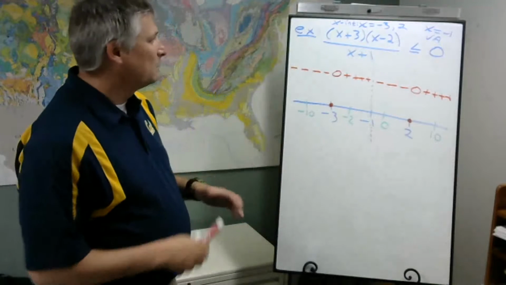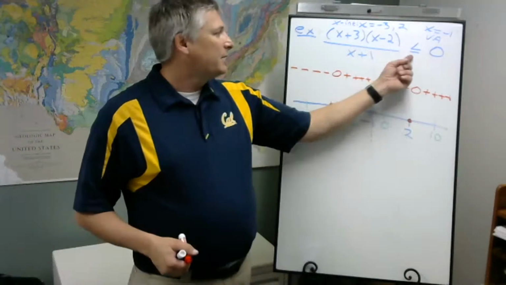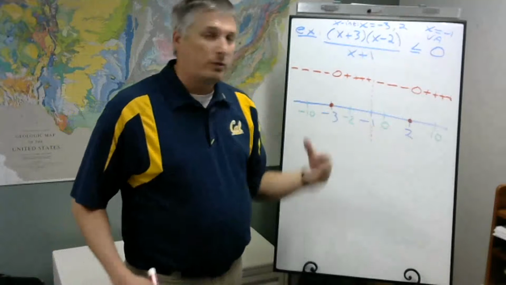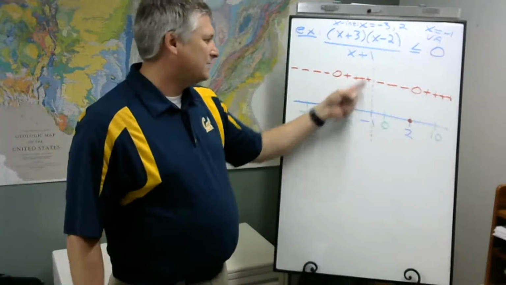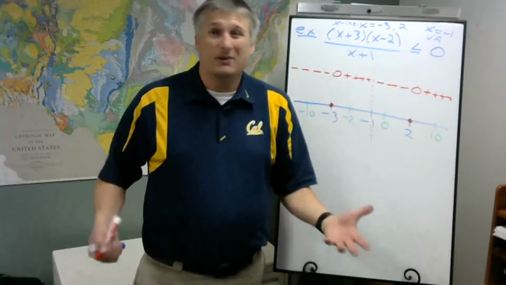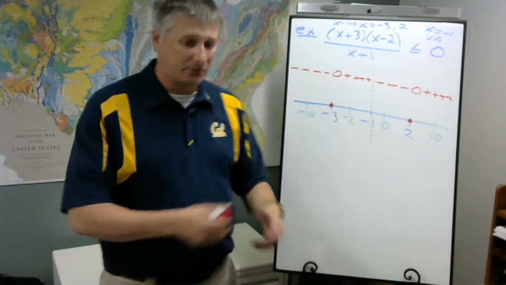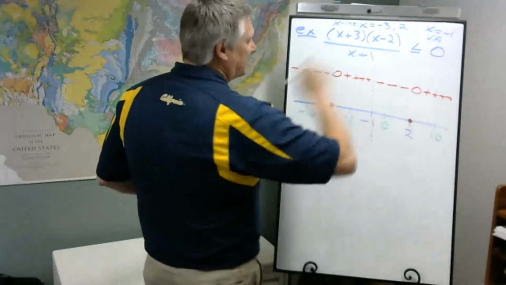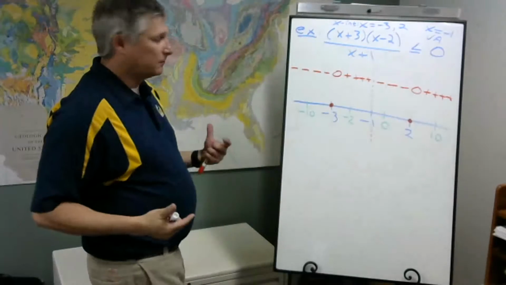So what's going on? Well, our conclusions, it could be equal to 0. So we want to include intercepts when we have them. Again, we can't include this -1 because vertical asymptote function doesn't have a value at that location. So we want less than or equal to 0. So we want the negative intervals.